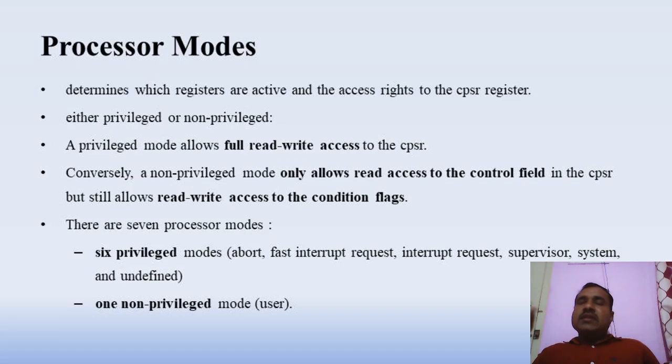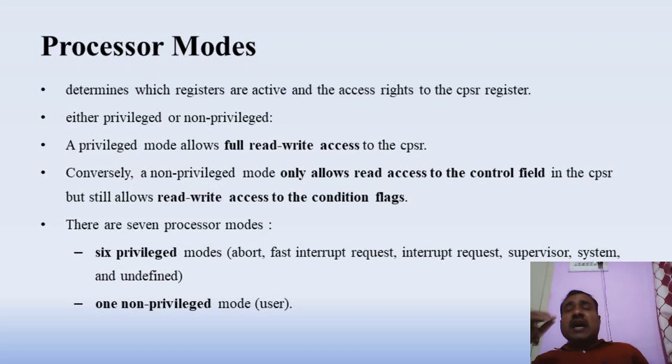Control fields in the sense of modes, the I, F, T bits, that is the interrupt mask bit, FIQ mask bit, and the thumb state and mode. These you cannot change in the non-privileged mode, but it still allows read and write access to the flags. So you can change the flags. The flags will be updated on the operations, but not the mode and the IFT bits.